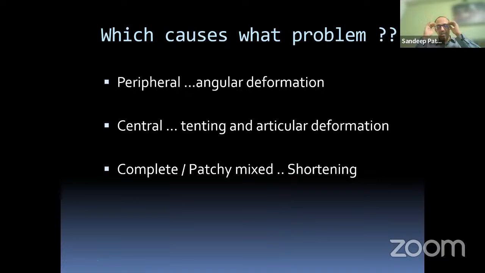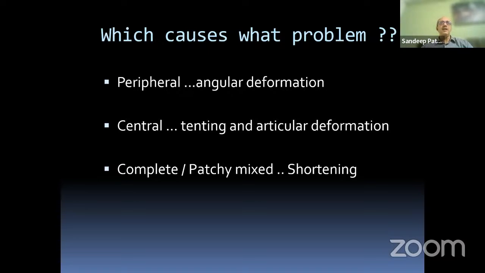So we should understand what physeal bar causes what kind of problem, and then we can make a plan as to how we are going to treat a physeal arrest. Remember that any bar in the periphery is going to cause coronal plane deviation.